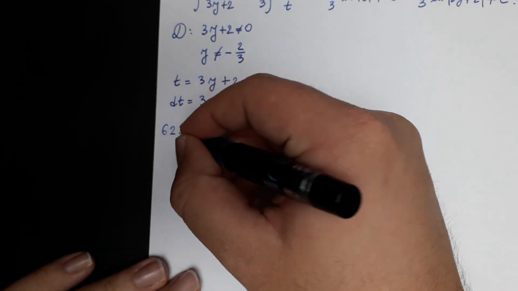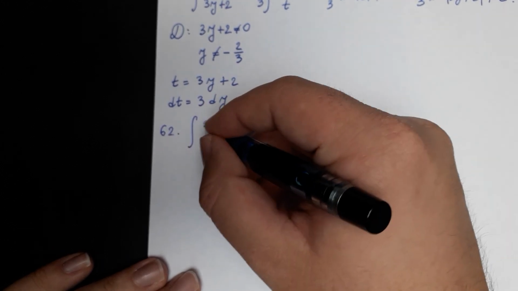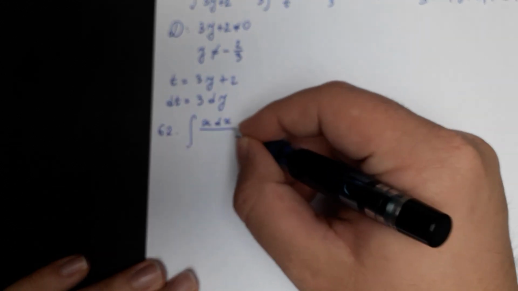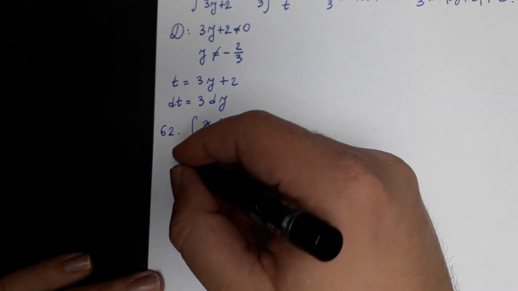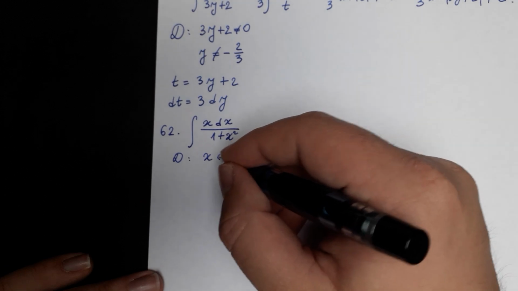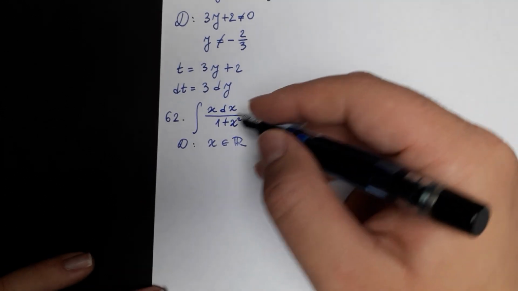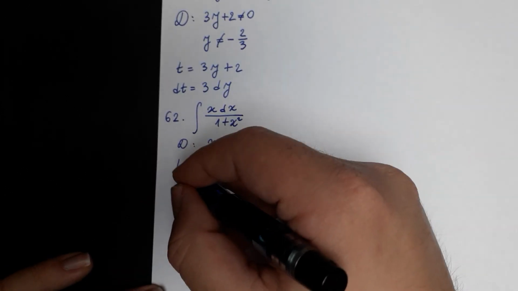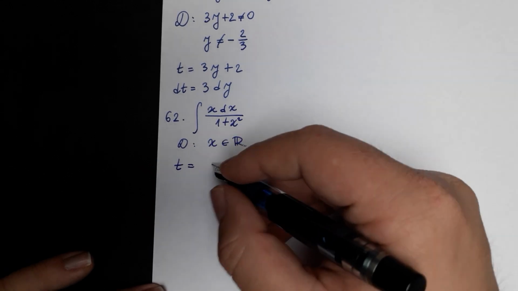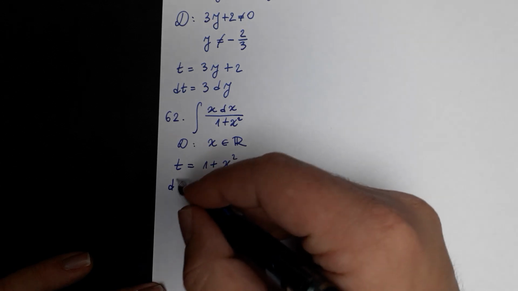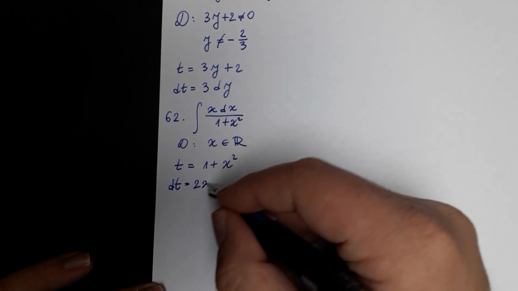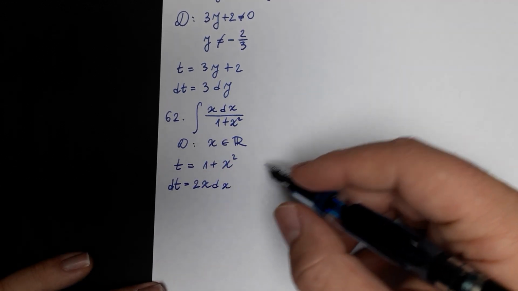Integral number 62 on our list is an integral of x dx divided by 1 plus x squared. Now, this integral is defined for all x's which are real numbers, and we can solve this integral by introducing the substitution that t is equal to 1 plus x squared, and then the differential of t is equal to 2x dx.